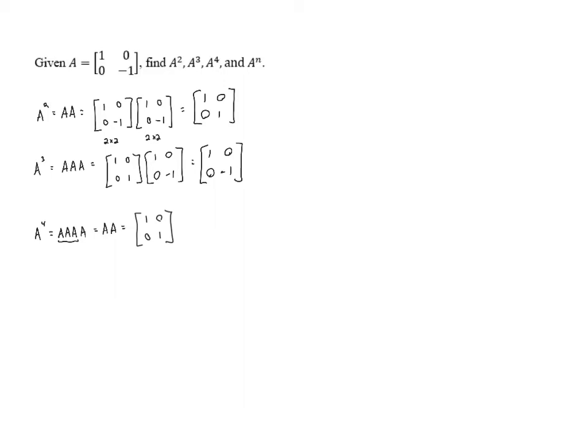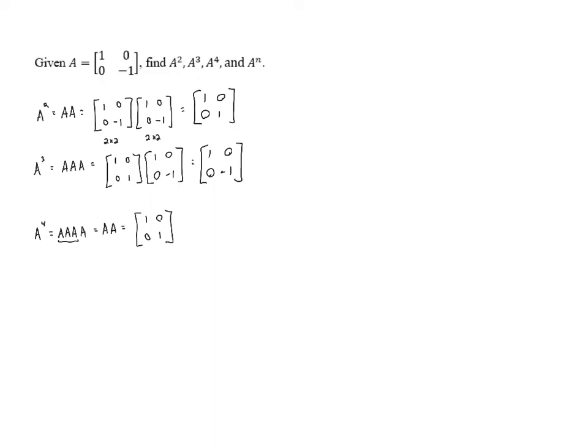And hopefully you're seeing a pattern here. We started off with A, and then A squared, and then A cubed was equal to A again, and then A to the fourth was equal to A squared. We have got a pattern, and the only thing that's changing is the element in the lower right-hand corner.